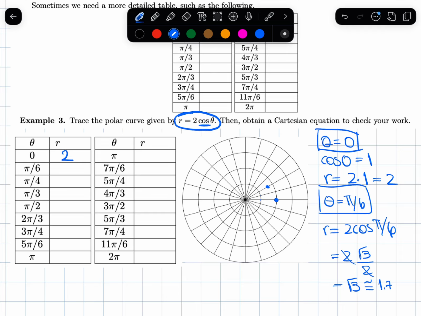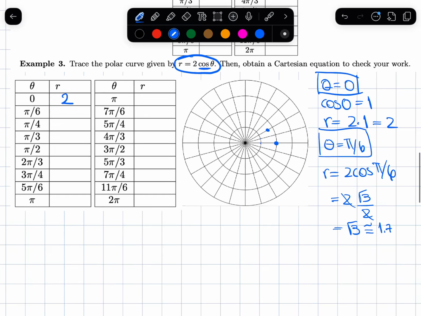And so this is one of the issues for certain equations. You kind of have to start estimating, and it gets more complicated. I'm going to plot a few more until I'm satisfied with the shape that this draws. So this is root 3, which is about 1.7, and now theta is pi over 4, right? The cosine of pi over 4 gives 2 times square root 2 over 2, which is the square root of 2, which is about 1.4.